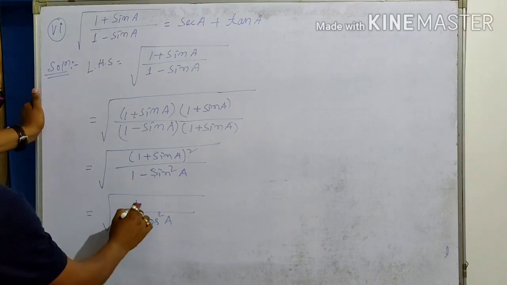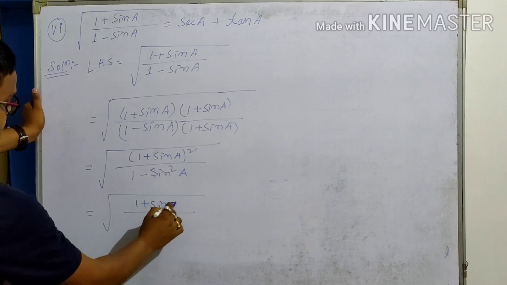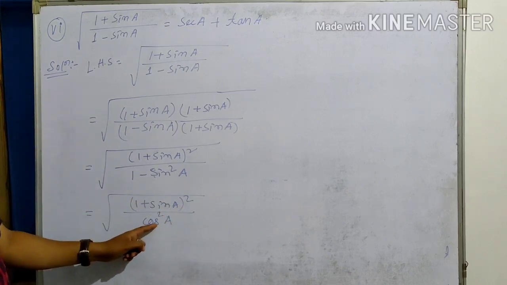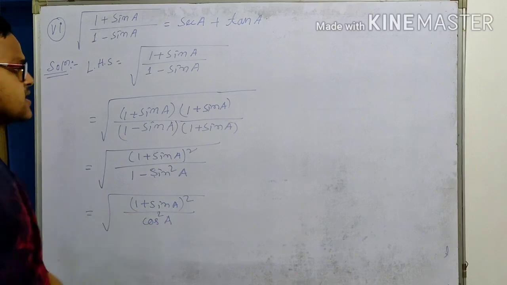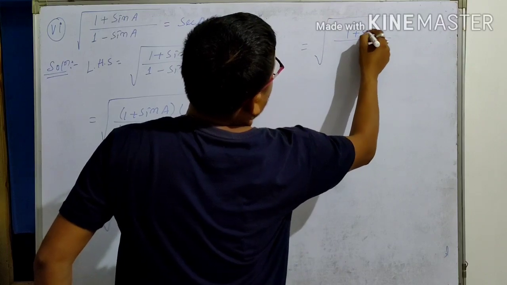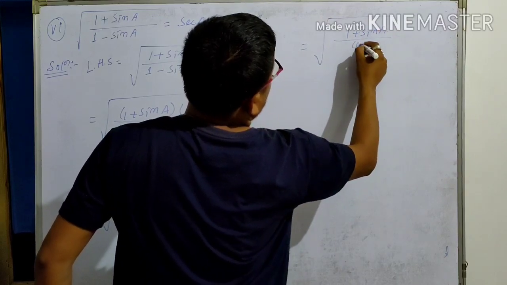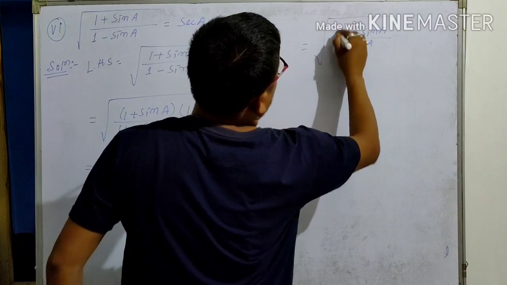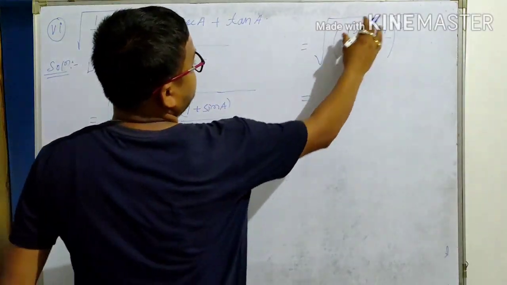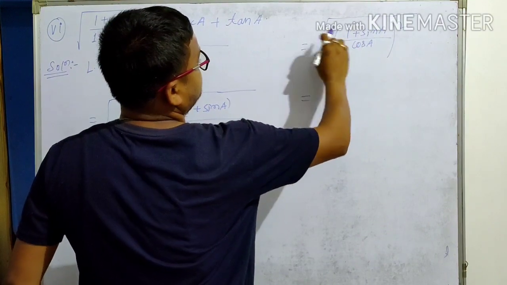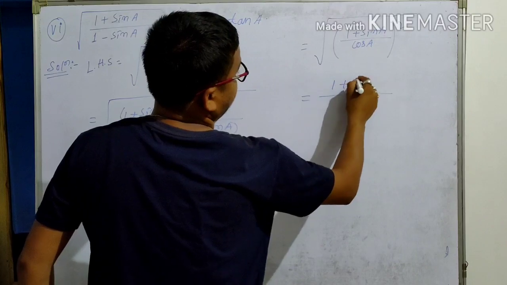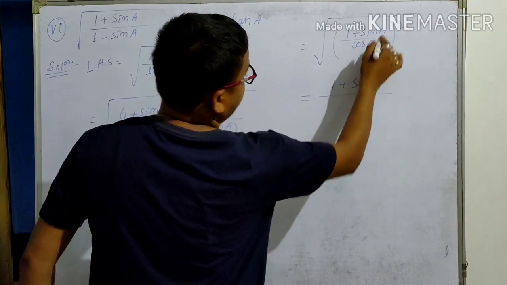Okay. So (1 plus sin a) here we will get whole square, and here also whole square. We can write this whole square like that: (1 plus sin a divided by cos a) whole square. Now you see the square root of a square number, what you get is this. So you can cancel the root over.